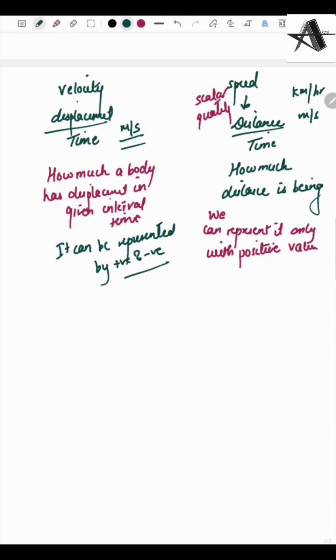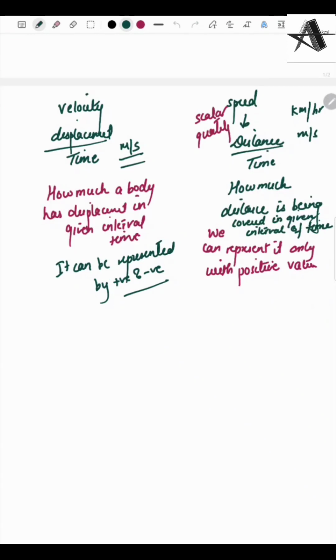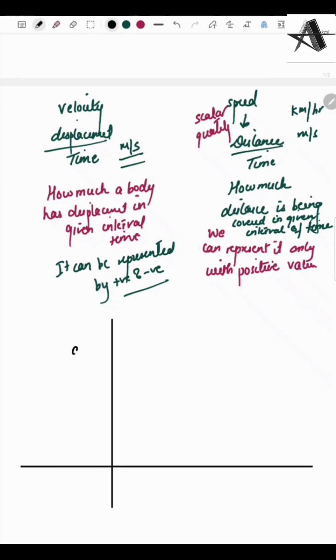Let me understand it with the help of a displacement time graph. How can I represent velocity, what does velocity look like when I draw a displacement time graph? See the displacement time graph. On the y-axis we plot the displacement, on the x-axis we plot time. Displacement is in meters, and time is in seconds.